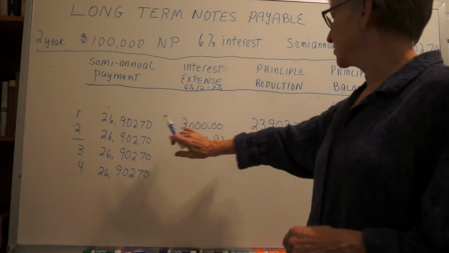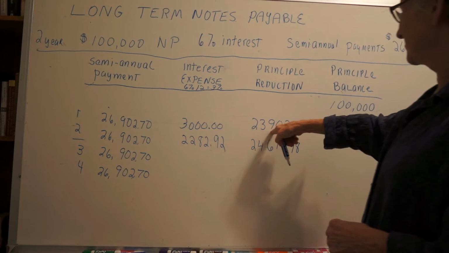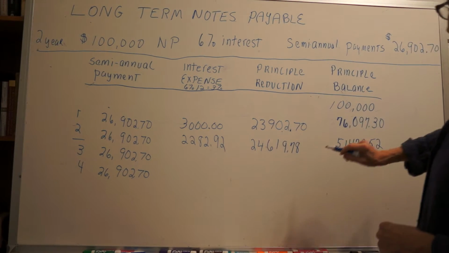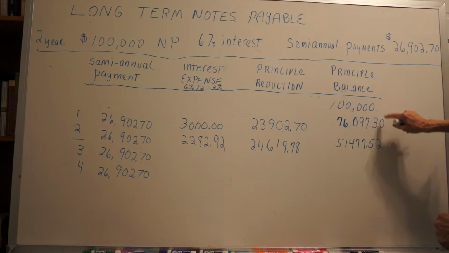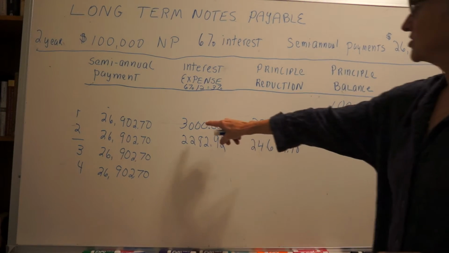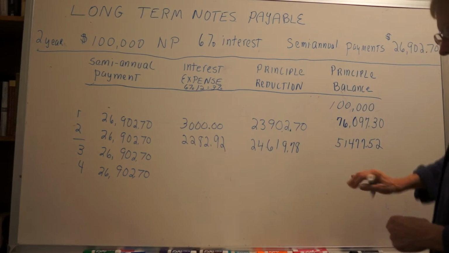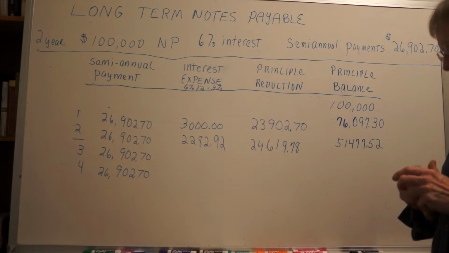Here, you can set it up to go, you want this square to equal this one minus this one, and you get that. And then you set this one up so that it's the previous balance minus this gives you that. And then once you get those three set up, you can copy and paste and it will fill out the rest of the schedule for you.